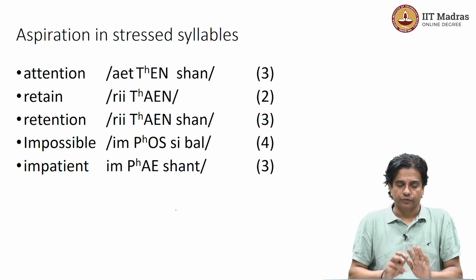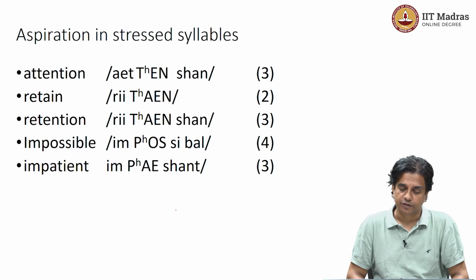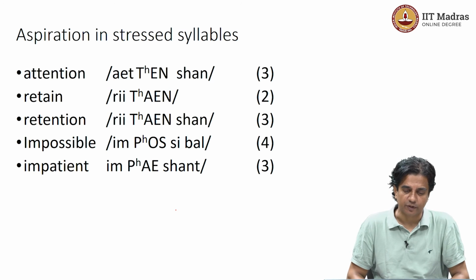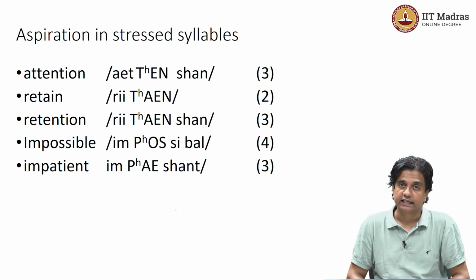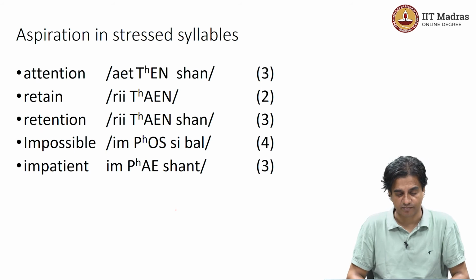So, moving ahead, when we want to observe words with more than one syllable and we are paying attention to stressed syllables, we see unaspirated voiceless stops getting aspirated at the syllable initial position of a stressed syllable.